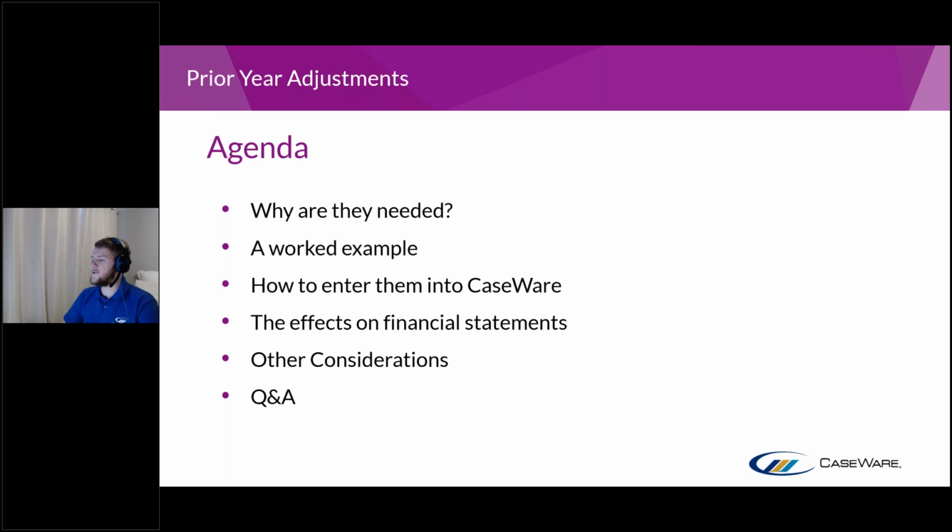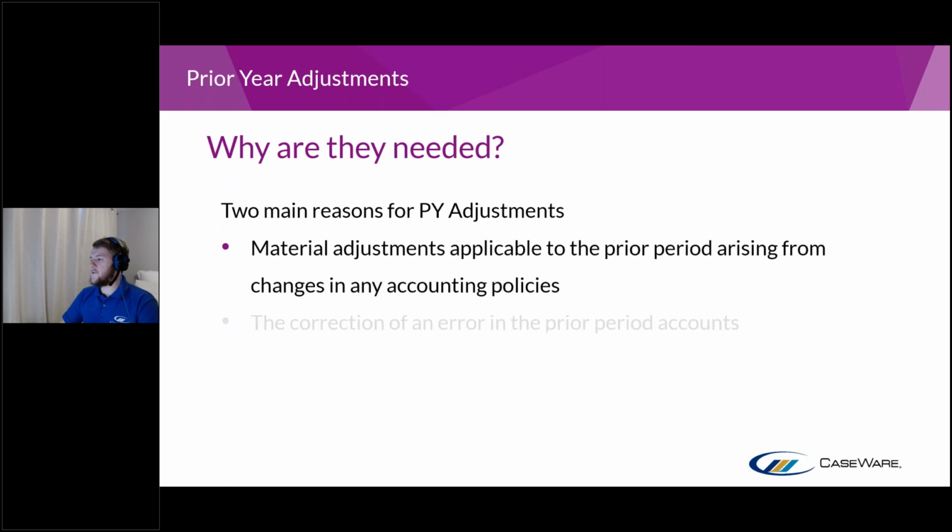First of all, just to get an idea of you guys that are on here today, we're just going to run a very quick poll on why you need to use these prior year adjustments. The main reasons that they're needed are material adjustments due to accounting policy changes.